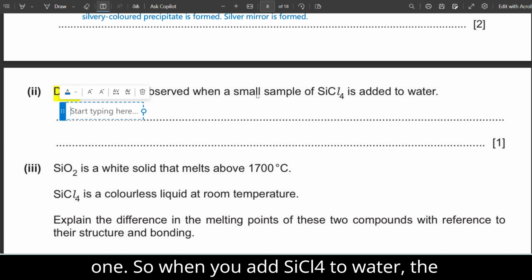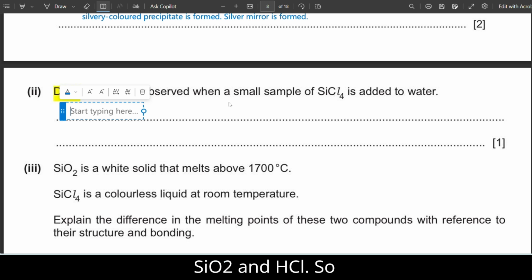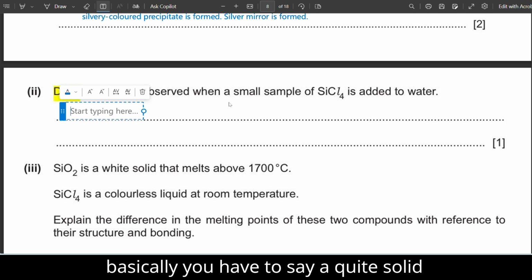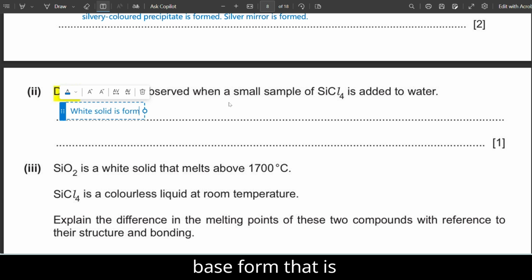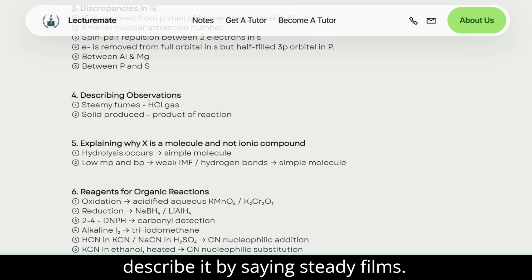When you add SiCl4 to water, the reaction forms SiO2 and HCl. So you have to say a solid is formed, that is SiO2, and HCl is released. How do you normally describe HCl? You describe it by saying steamy fumes.